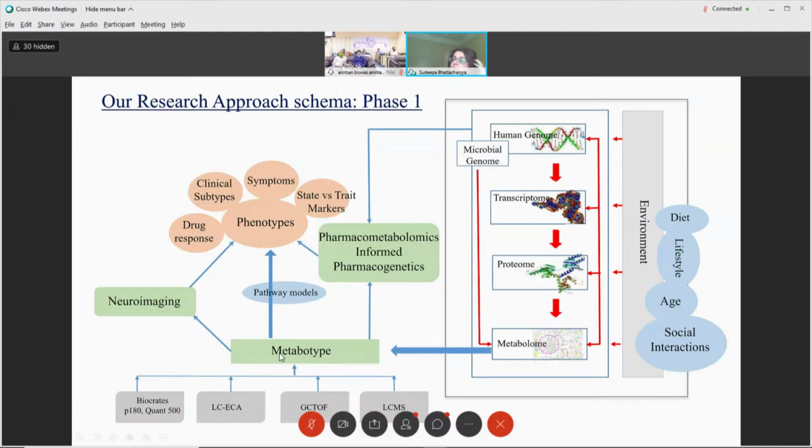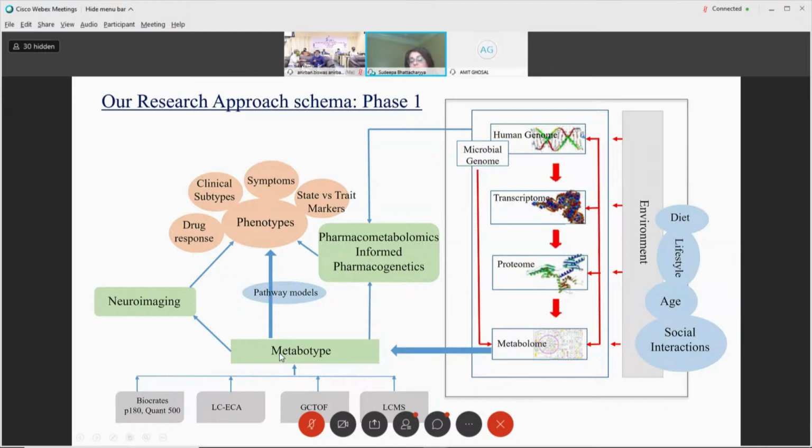And we know that metabolomic levels represent the impact of diet, lifestyle, social interactions, the genome, and the gut microbiome influences, all resulting in a readout of the metabolome. And the metabolome represents the intermediate phenotype that is closest to the clinical phenotype of the patients, right?